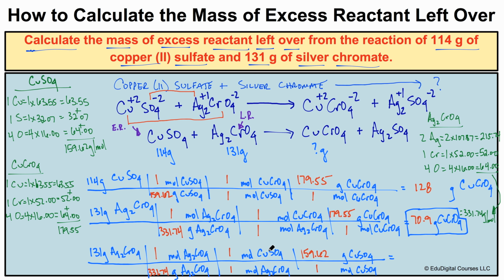So when we put this all in our calculator, we'll take 131 divided by 331.74 times 159.62, and we're going to end up with 63.0 grams of copper 2 sulfate, it looks like, consumed.